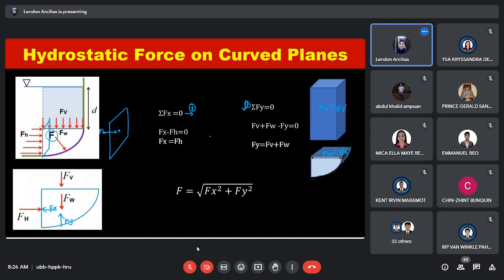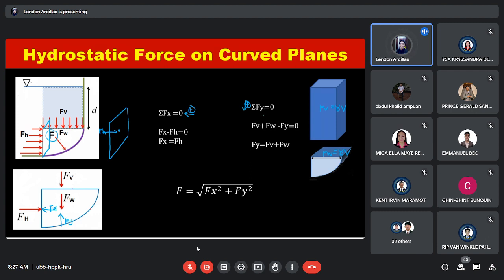Ang F of H natin is positive. Ang convention pa natin dito is pa left side. Ay, tama nga, ang F of H is minus since pa right side siya, and yung F of X natin is pa left side kaya nagiging positive. So yun lang. Hindi naman siya importante masyado dito.